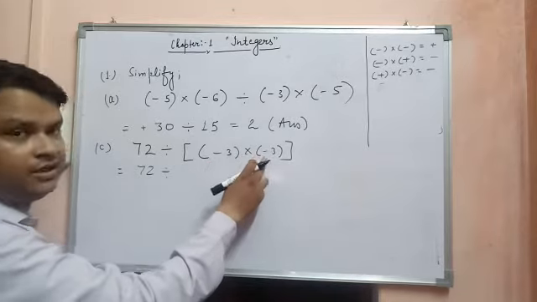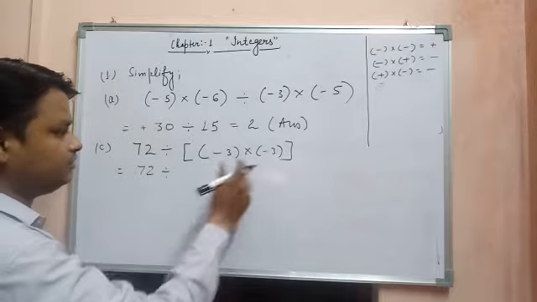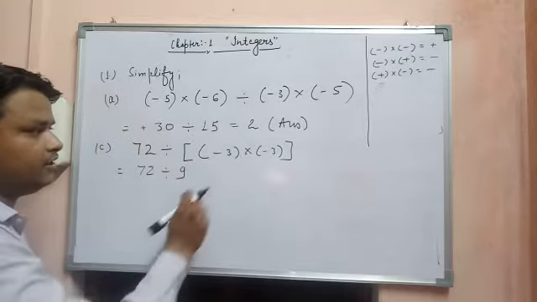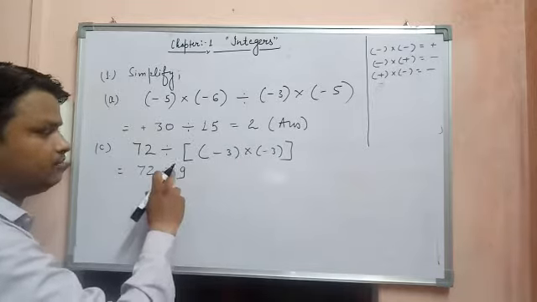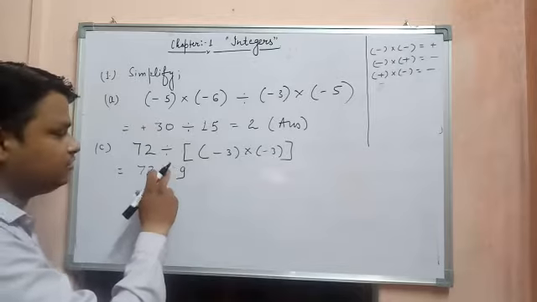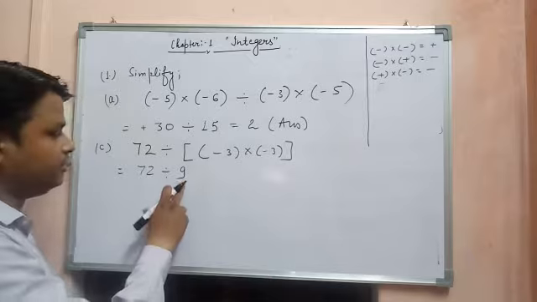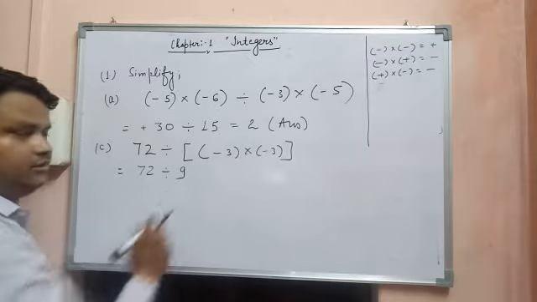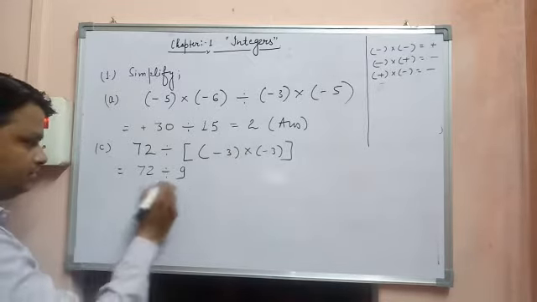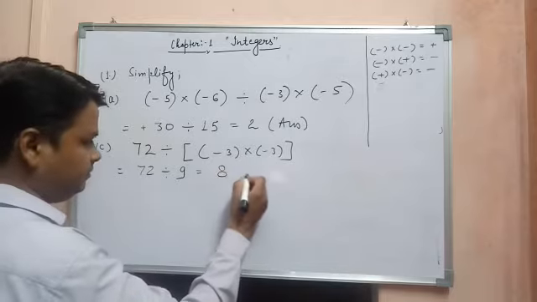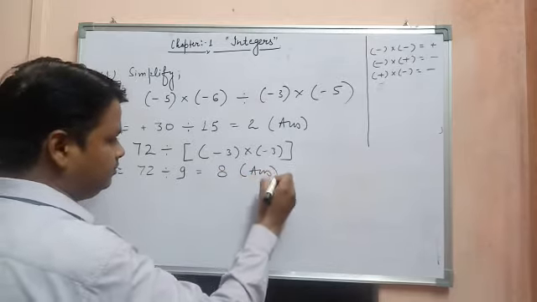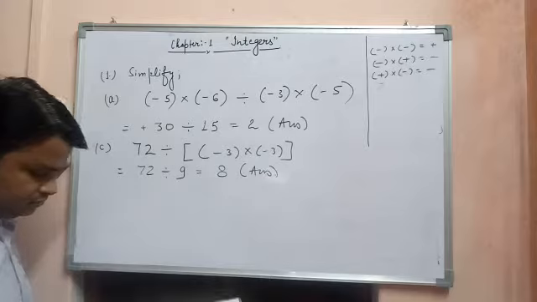Minus plus, then 3 into 3 is 9. Minus plus, you have to write plus, then 9 is treated as plus 9. After that, 3 into 3 is equal to 9, and the answer is 8.